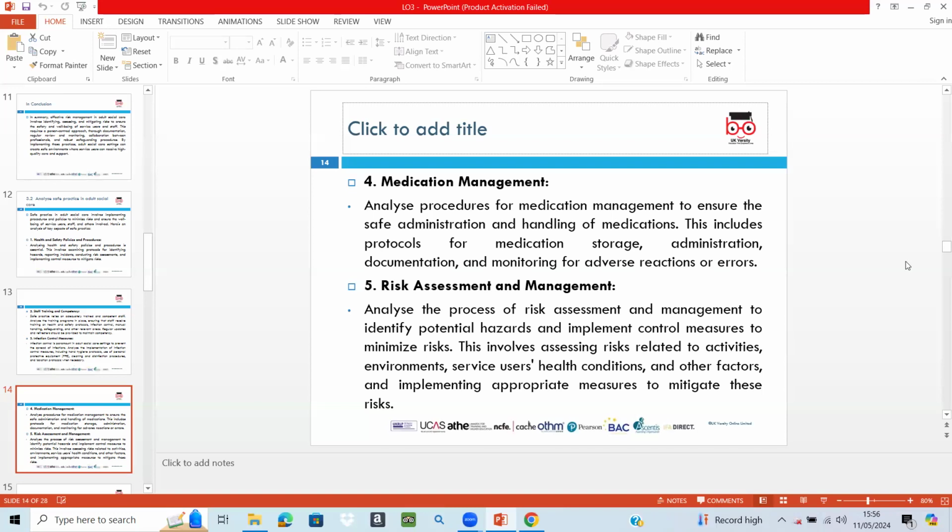By assessing these protocols thoroughly, caregivers can ensure that medications are handled safely and administered correctly according to an individual care plan.